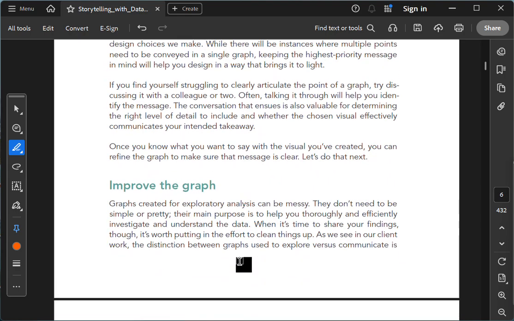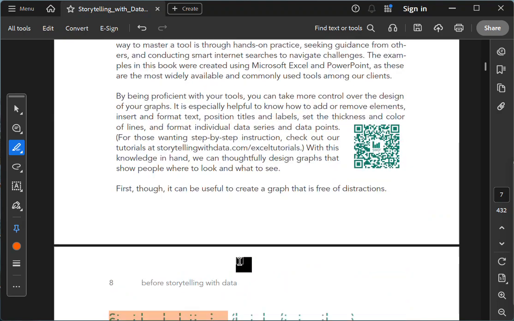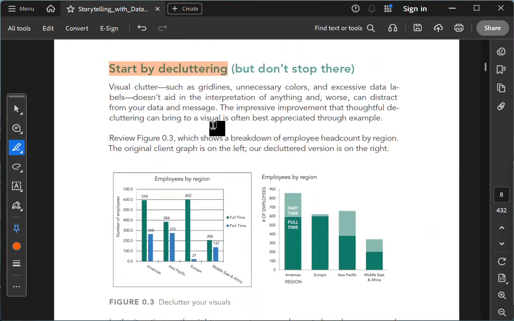It's also really important as we work on graphs that we declutter our graphs as much as possible. Previously, especially from personal experience, I used to be the kind of analyst that wanted to put all the information I had in one single graph.